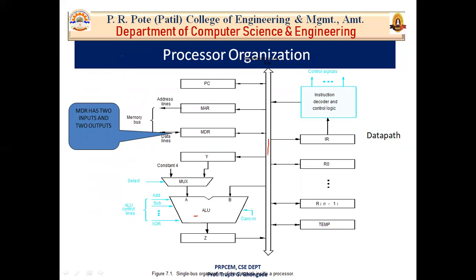Don't get confused with the external bus that connects your processor, memory, and input-output devices. This is the internal bus which is inside the processor. The external bus I'm talking about is used to connect the memory to the processor and to the input-output devices. Now here I am talking about the internal processor bus. The data and address lines of the external memory bus, this is the address line and this is the data line, are external to the processor.